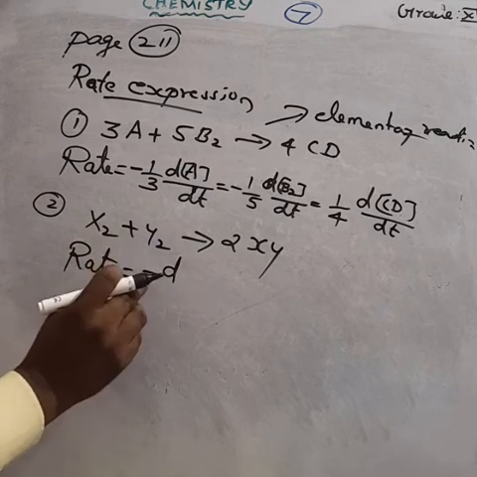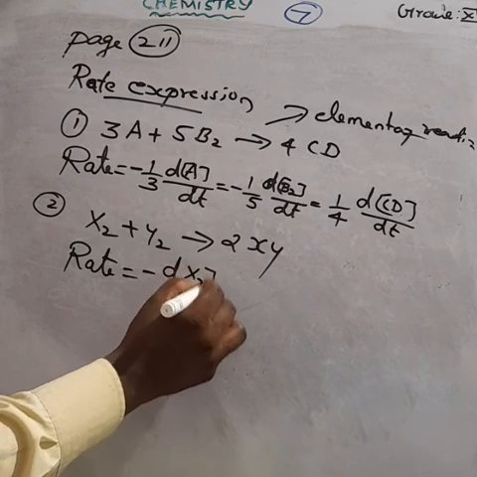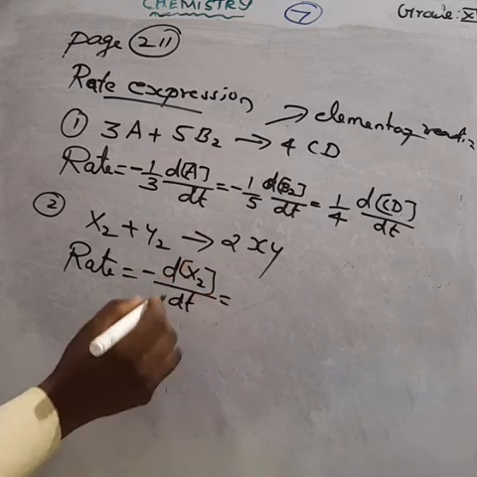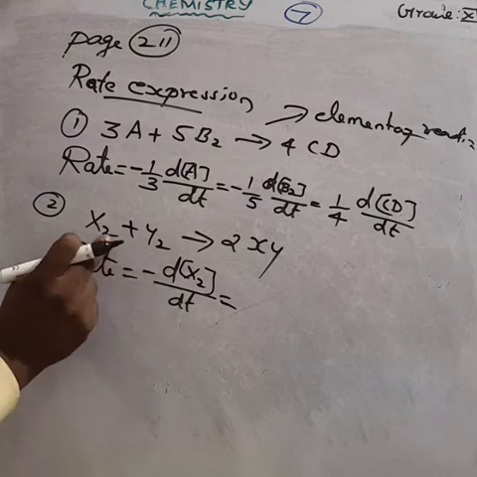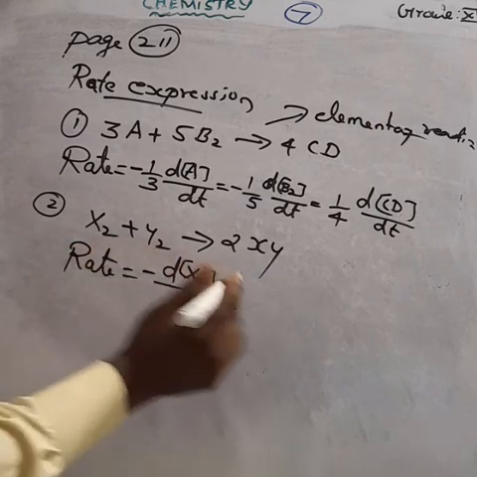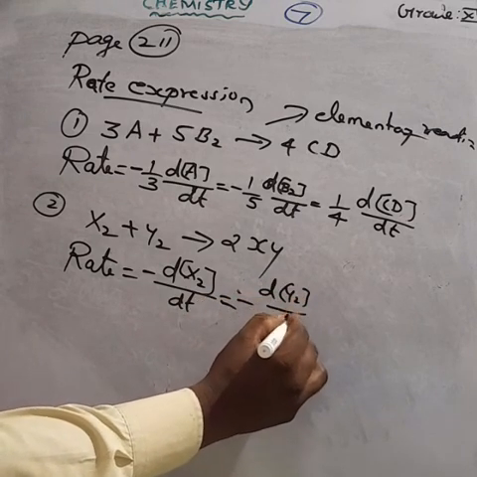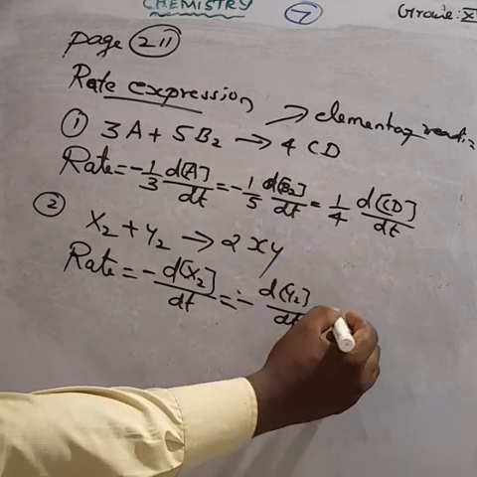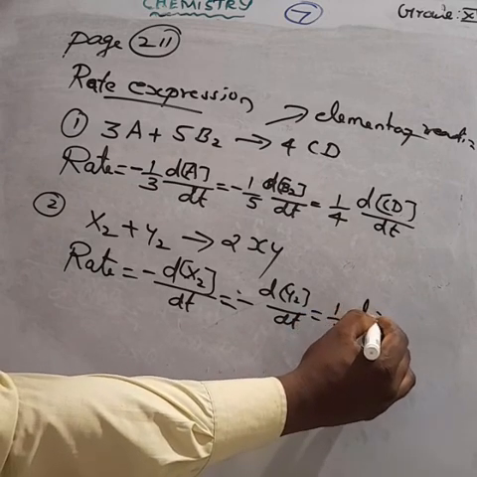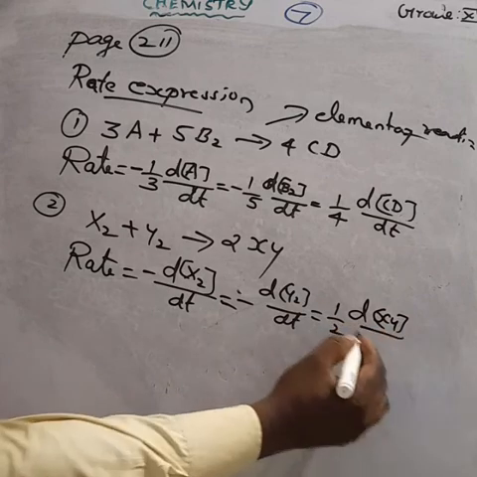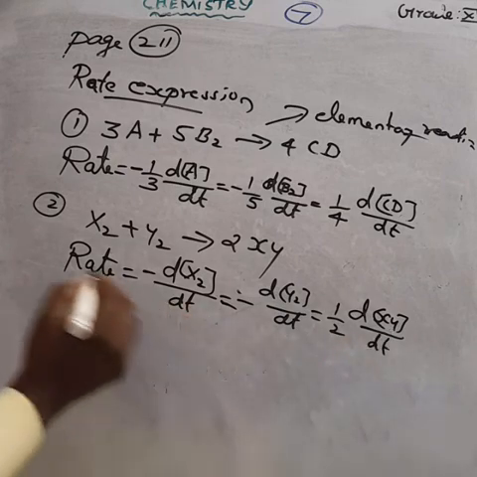So negative of d[X2]/dt, the concentration of X2 divided by dt, is equal to minus d[Y2]/dt, is equal to, here the number of moles is 2, so we write 1 by 2 d[XY]/dt, the concentration of XY divided by dt.